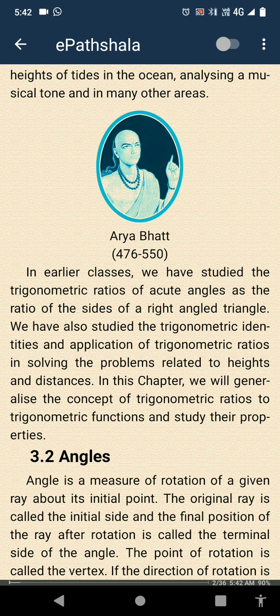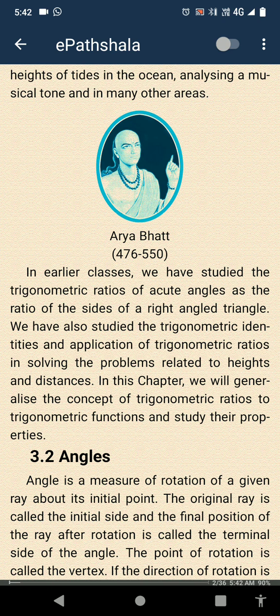What is an angle? An angle is a measurement between two rays. In the second video I will demonstrate that. Here I am just reading point by point what is written in the book. Angle is a measure of rotation of a given ray about its initial point.